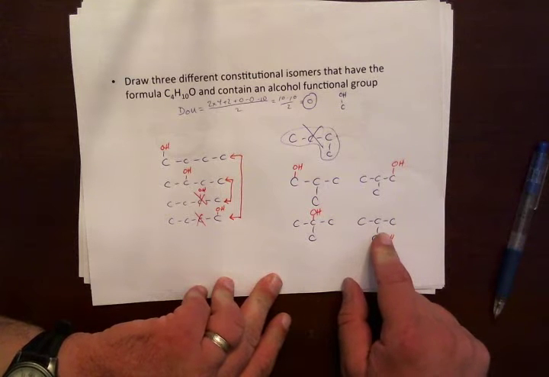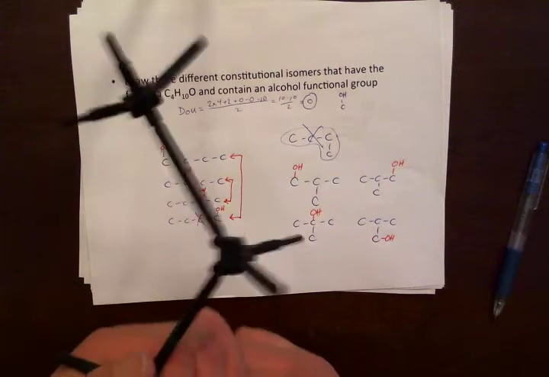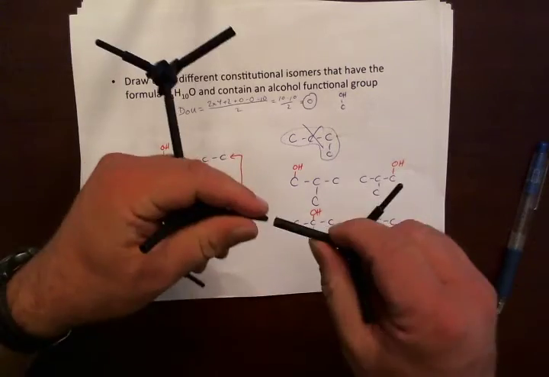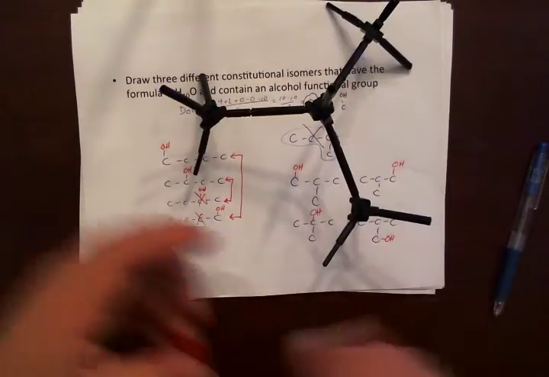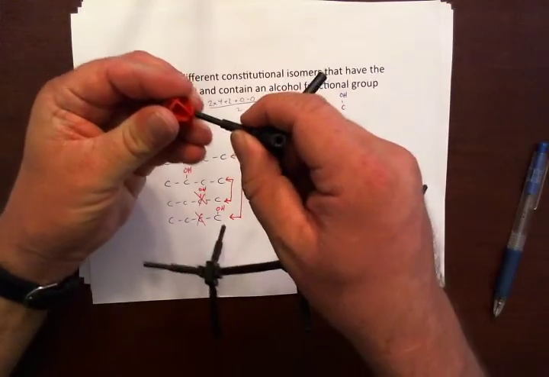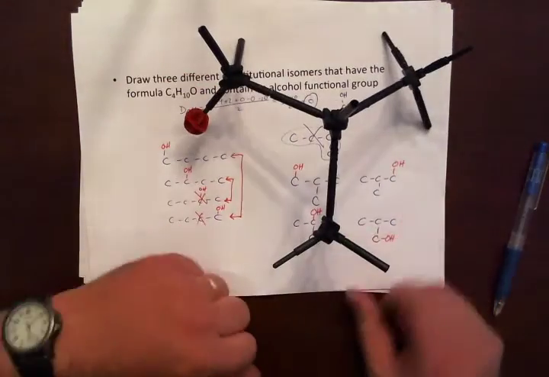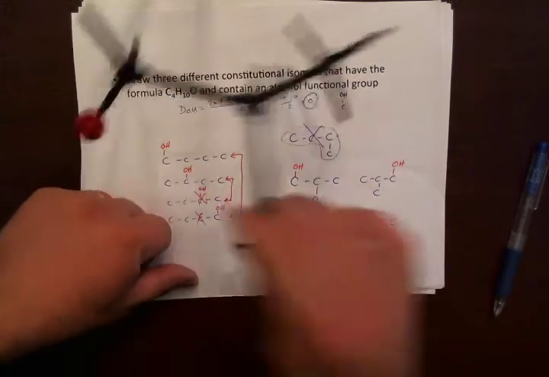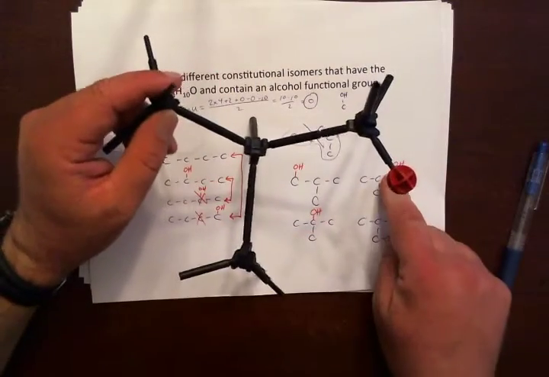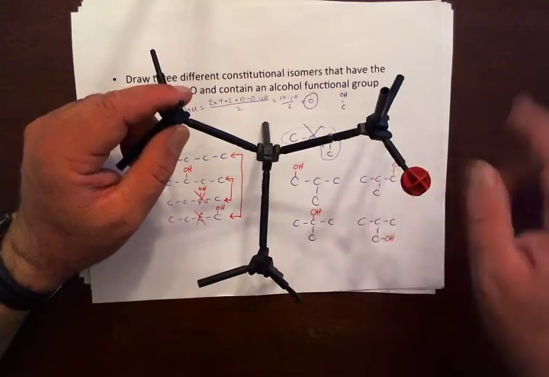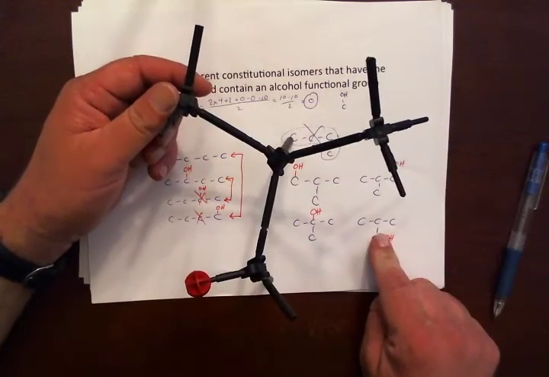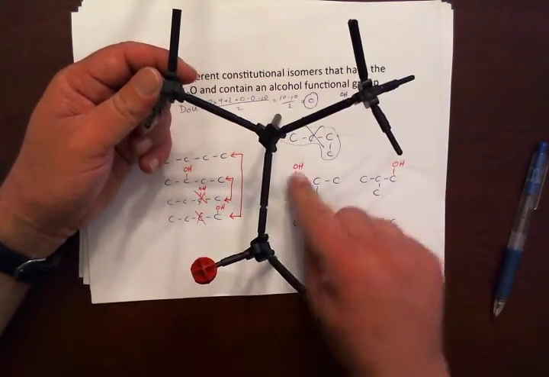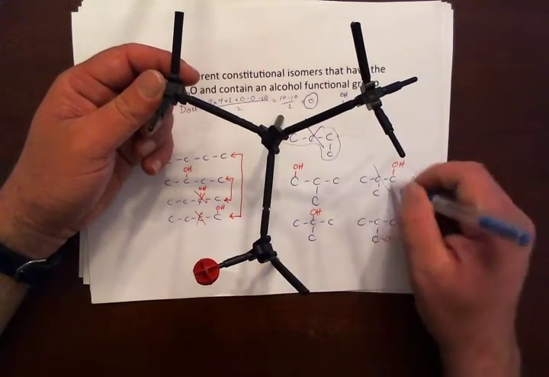Let me see if I can show you this. If I put the OH here, that's this molecule. If I just flip it over, it turns into that one. If I rotate it, it turns into that one. So these three are actually all the same, so we don't need these.